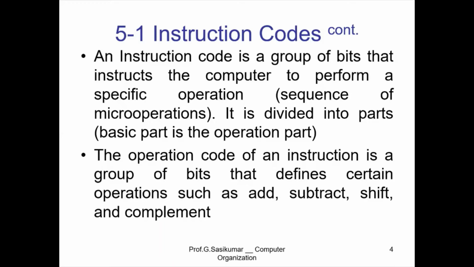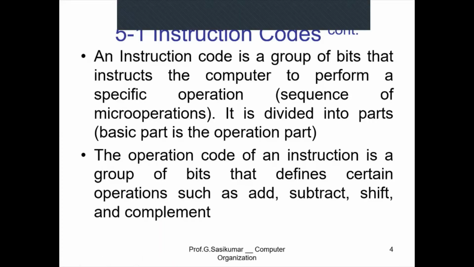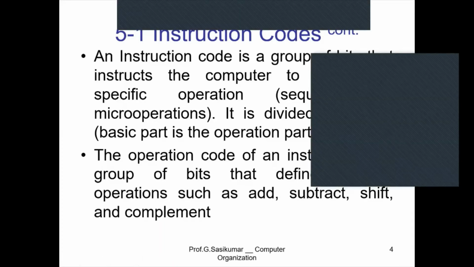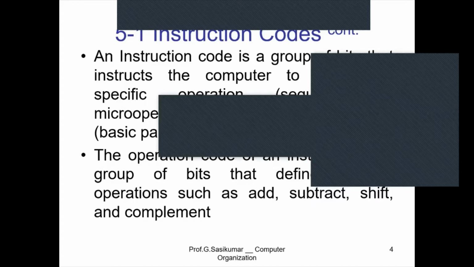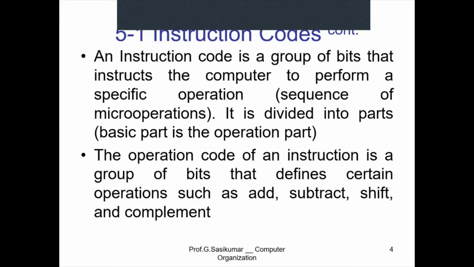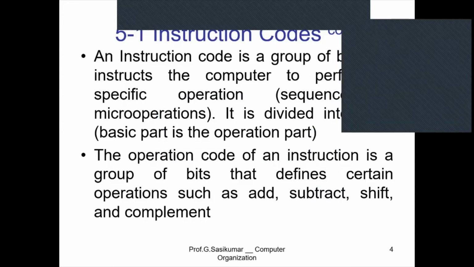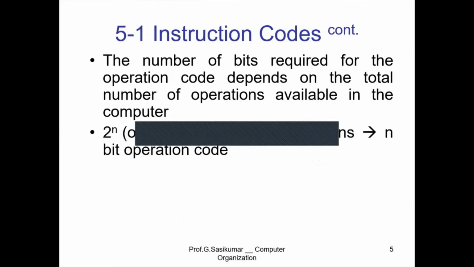Then only it can perform a specific operation. If you want to do a Java program or C program, everything is done with the help of instruction codes. Any operation such as add, subtract, shift, complement, multiply, divide, everything can be controlled with the help of this instruction set. Without the instruction set, nothing will be done, right?